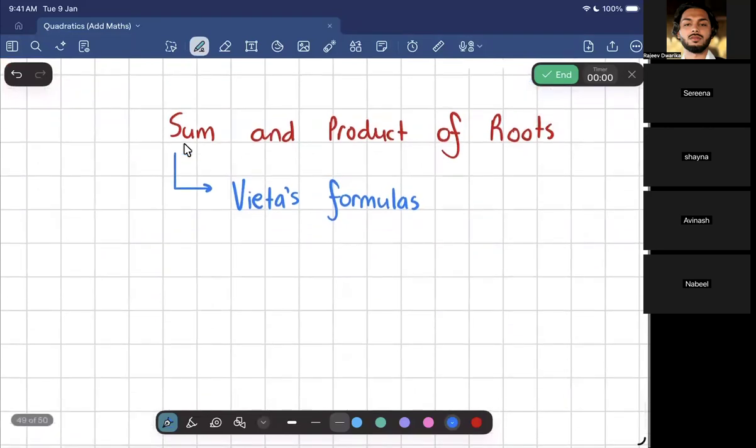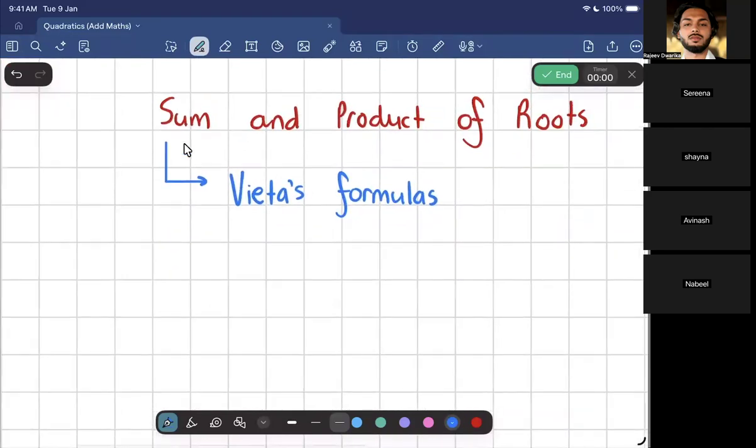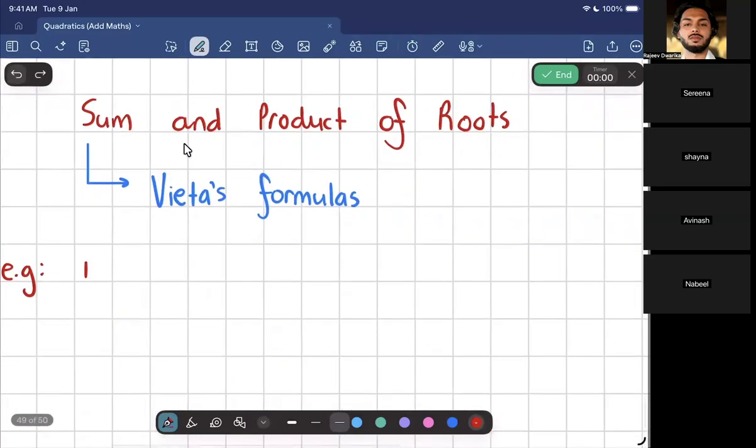Wait, I shouldn't put example. Let me just look at the concept. I promise this is not anything you didn't see before. The concept.